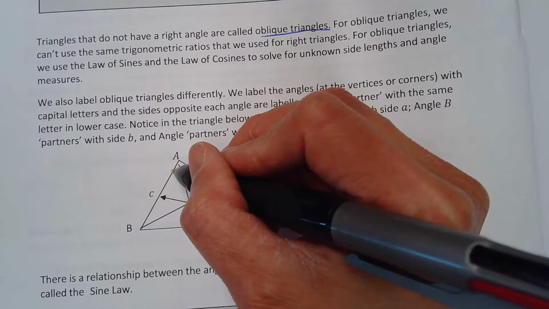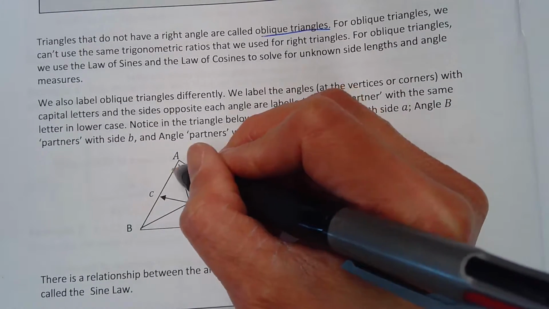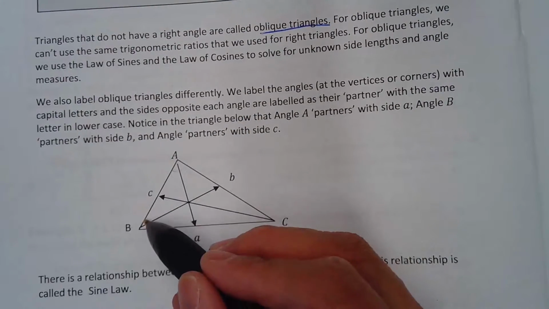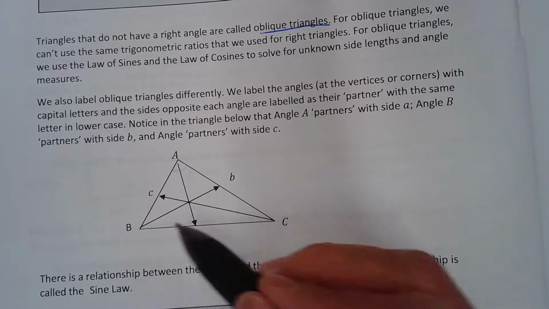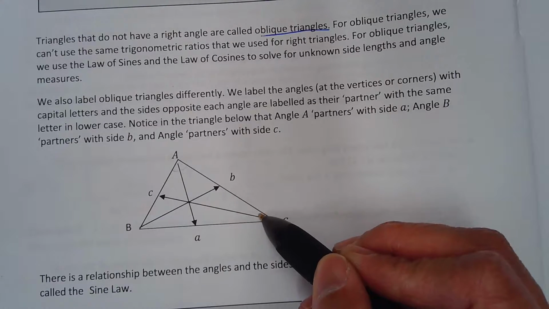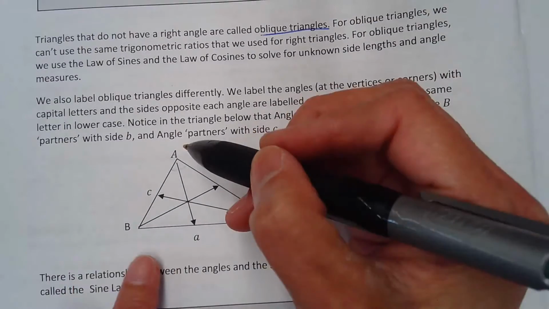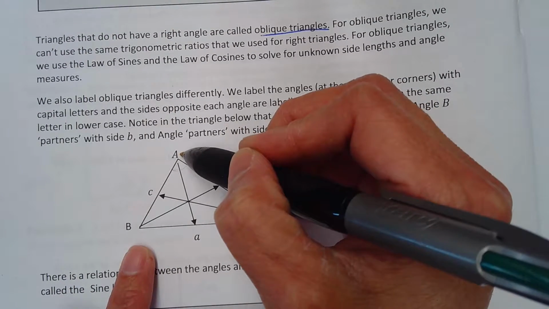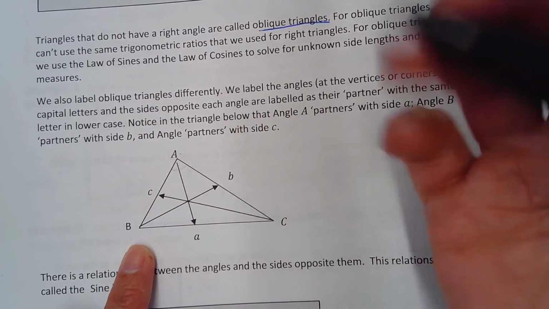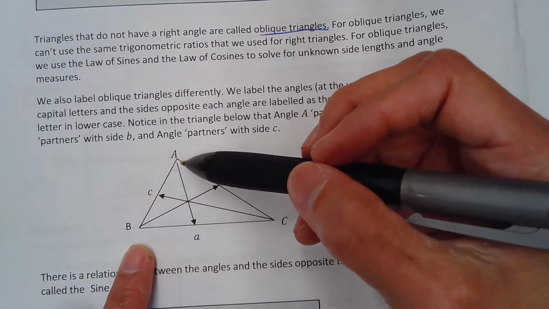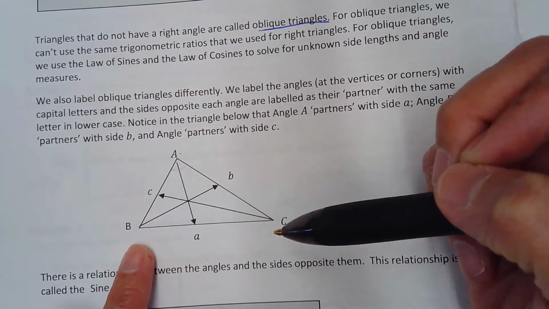This is your angle A, angle B is right here, and angle C is right here. You'll notice that angles are uppercase, capital letters: capital A, capital B, capital C.